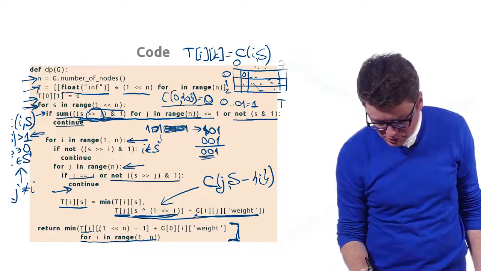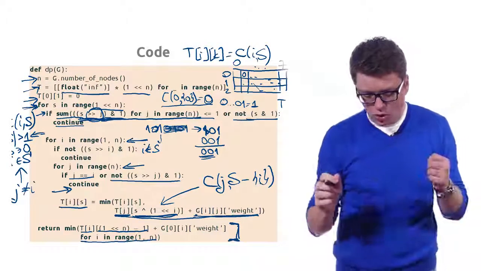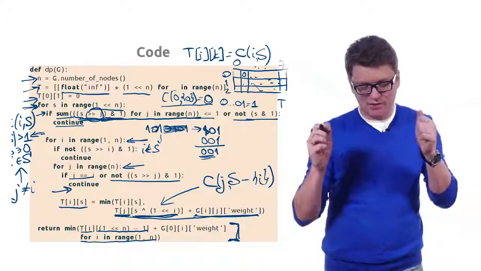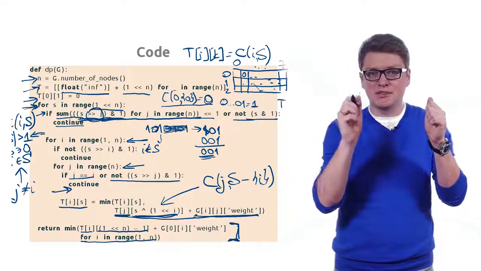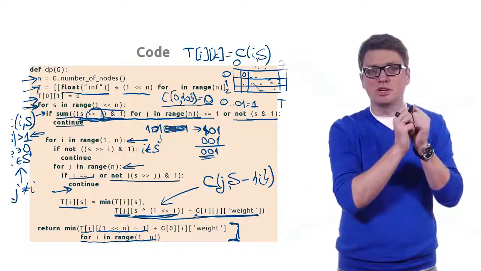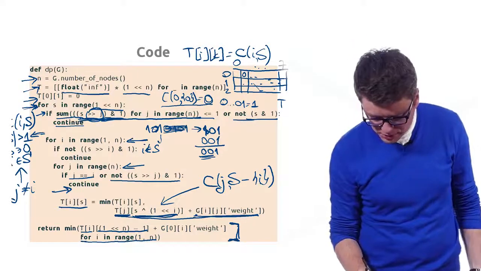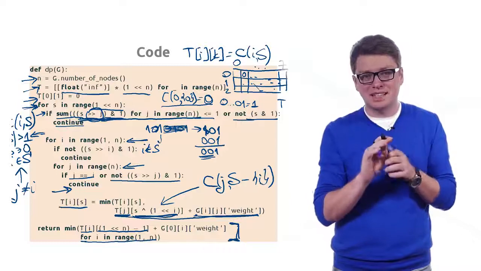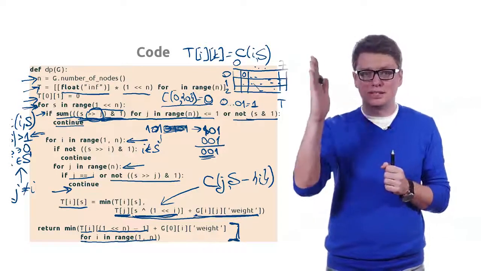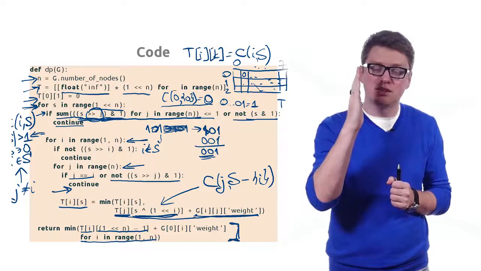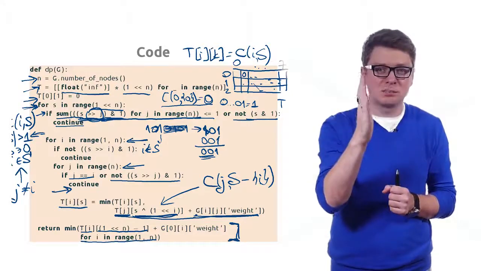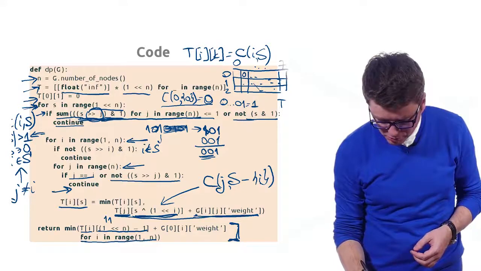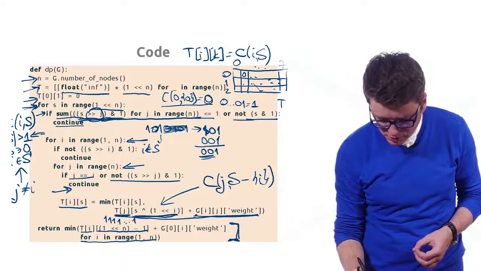And here we use the set that contains all the elements. We need a number which has 1 at every position, okay? And to compute such a number, we just take 2 to the n and subtract 1. This is exactly the number which has 1 at 0 position, 1 at the first position, 1 at second position, and so on. So this is just a number whose binary representation is the following one.